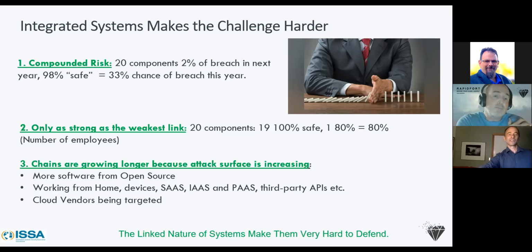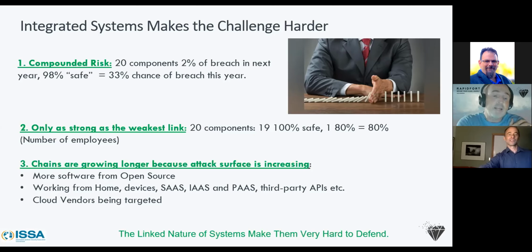The third major observation is that software chains are growing and elongating the attack surface. There's considerably more software coming into the infrastructure from open source. We're working from home, and there are numerous devices. The way we develop software, we use software as a service, infrastructure as a service, platform as a service, and third-party APIs, and all of these can be thought of as components contributing to your overall risk.